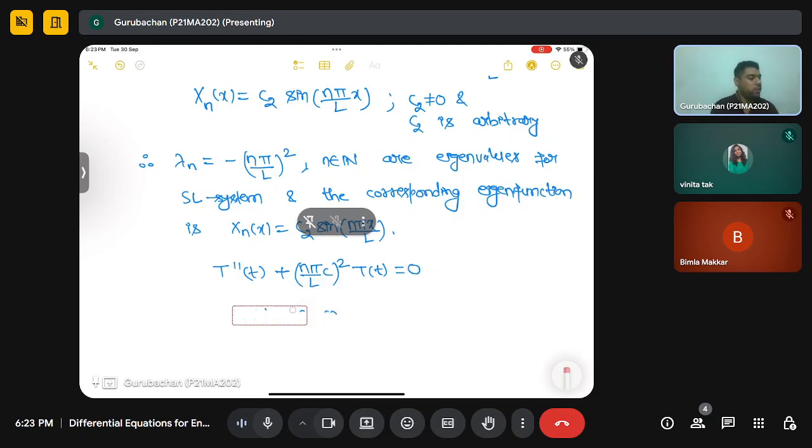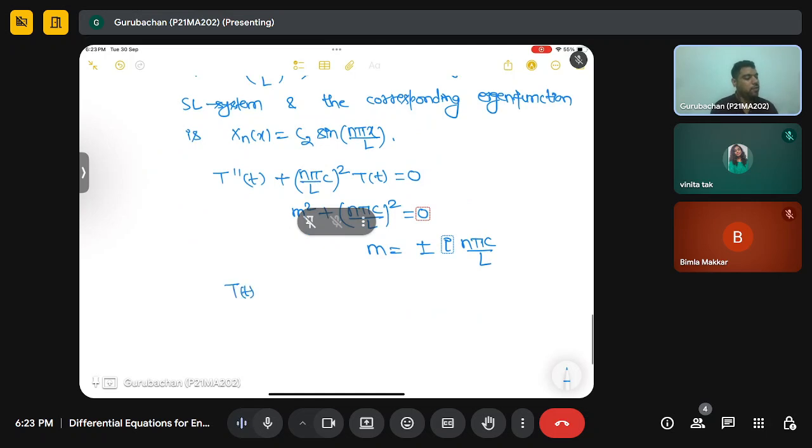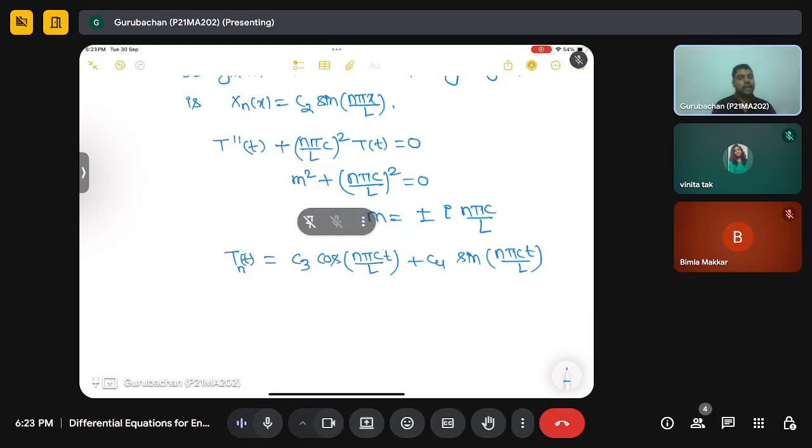Let me write the auxiliary equation: m squared + (n pi c/L)^2 = 0, and m will give you plus minus i n pi c/L. So T(t) will be c3 cos(n pi c t/L) + c4 sin(n pi c t/L).